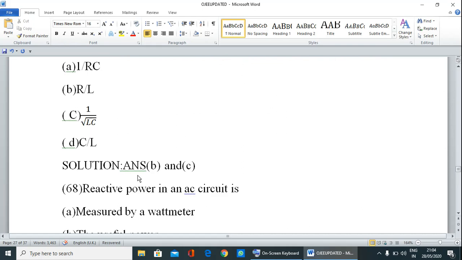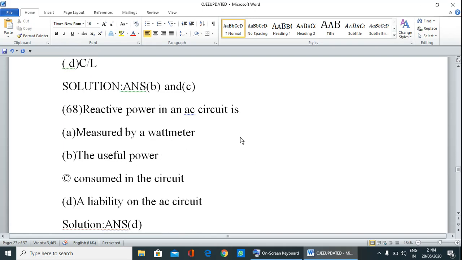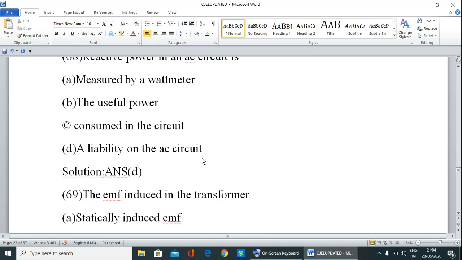So next question: reactive power in an AC circuit is measured by a wattmeter, useful power consumed in the circuit, or a liability on the AC circuit.